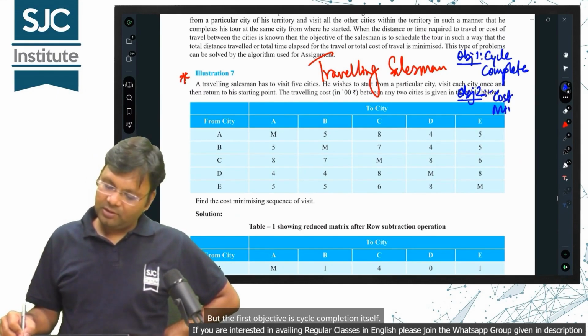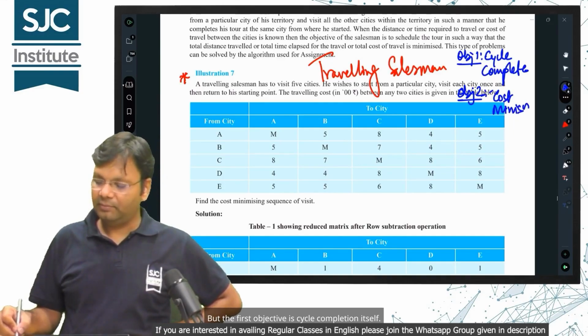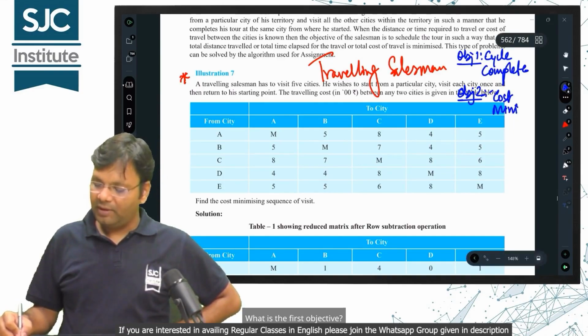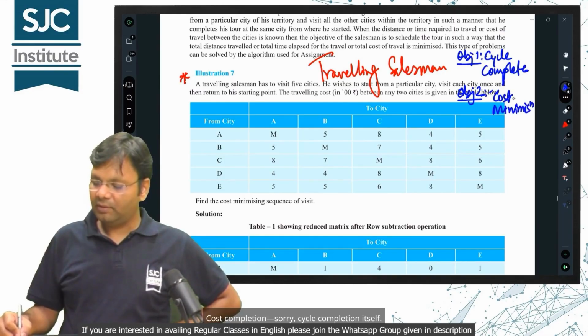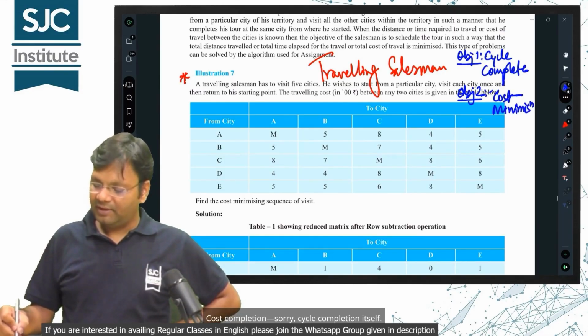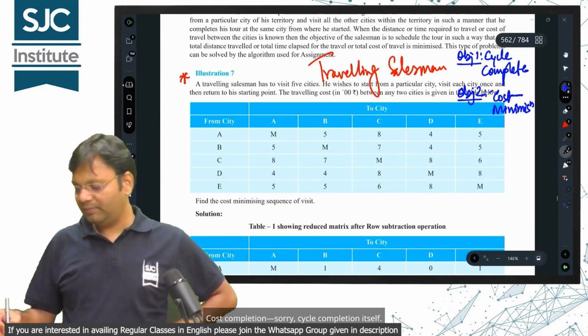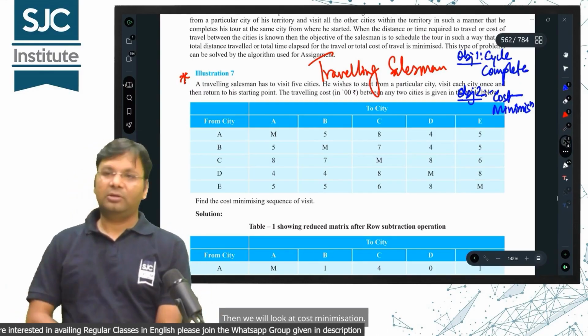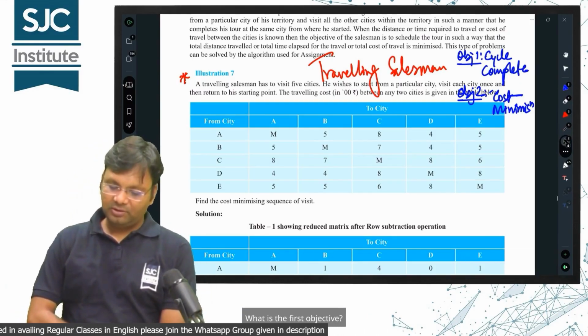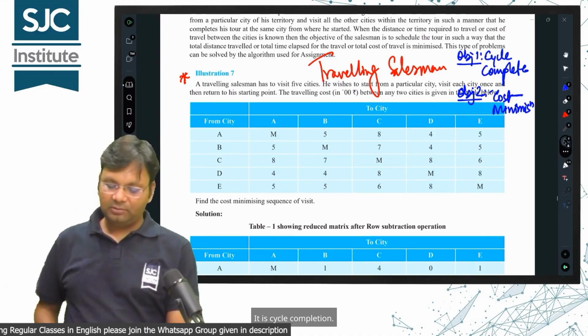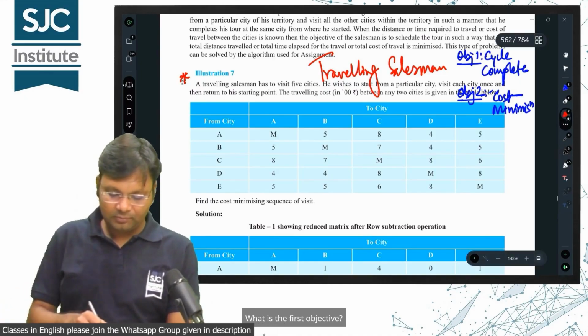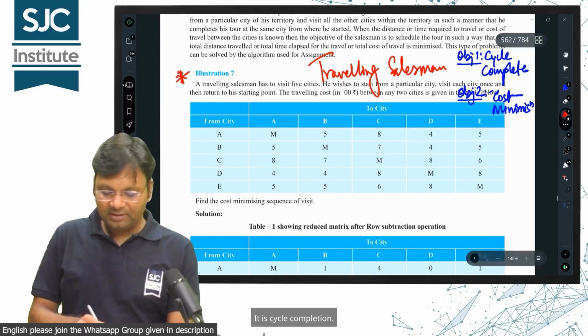But the first objective is cycle completion itself. Then we will look at cost minimization.